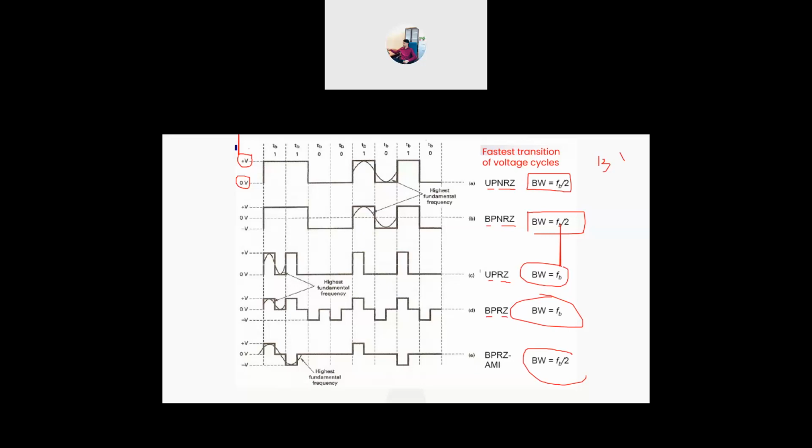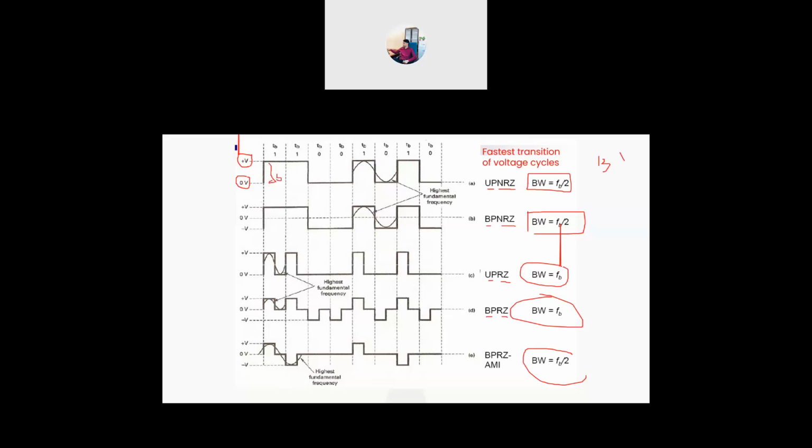If you see here, the shape is the same regardless of whether it is unipolar or bipolar. The difference is just the magnitude. For example, here is 5 volts.